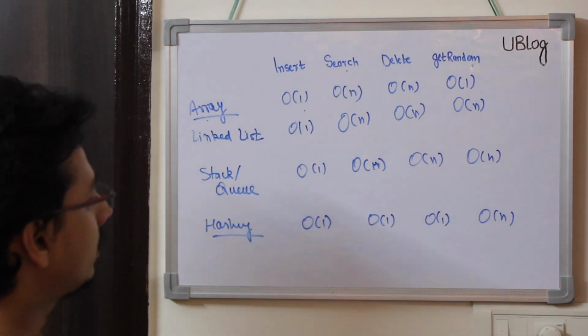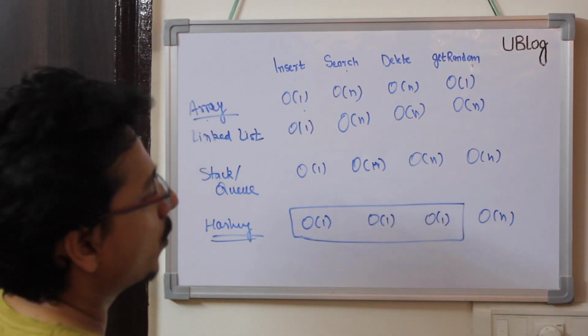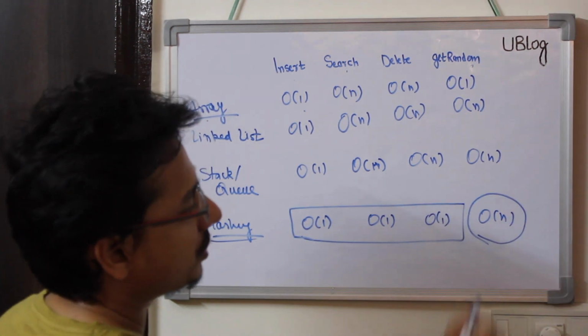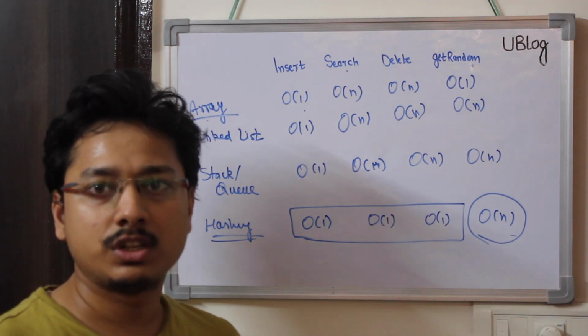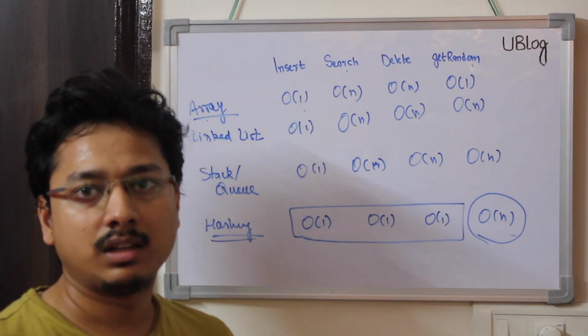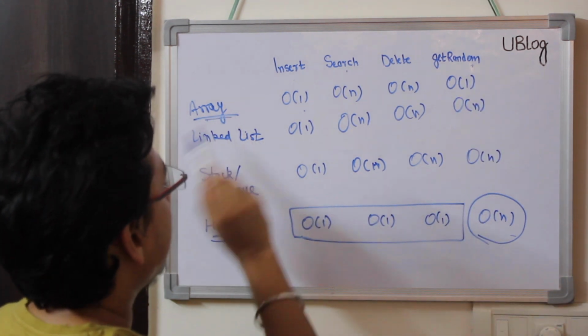Hashing was looking promising because the three operations which we wanted were in O(1) time, but there was just one operation, get random, which we were not able to do in O(1) time. So let's see which DS can return get random in O(1) time. If we see the list of all the DS, array was the one which can.